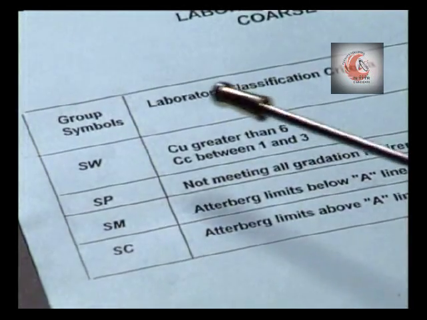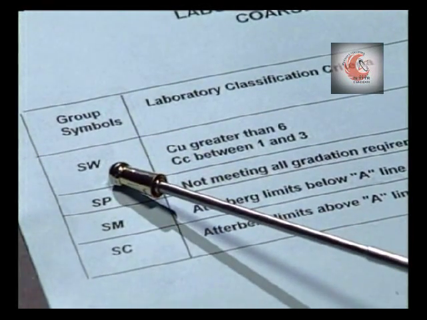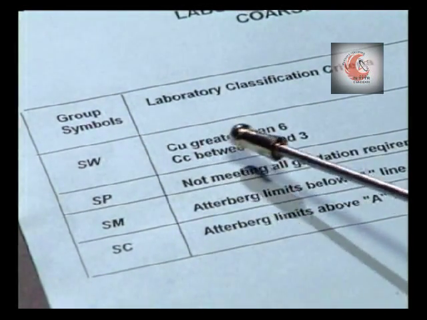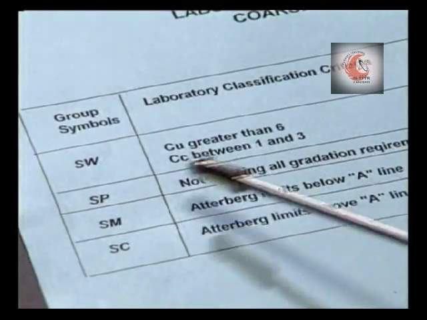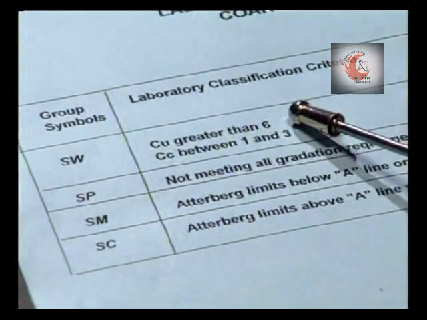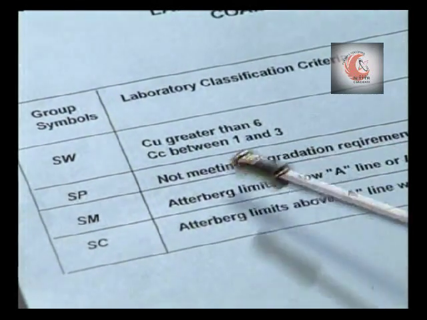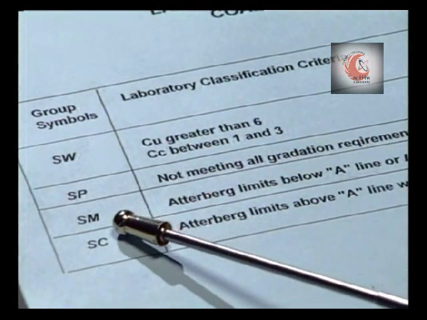Similarly, the classification of soil will be SW if Cu is greater than 6 and Cc between 1 and 3. It will be SP if it is not meeting this requirement, and the classification of soil will be SM if IP is less than 4, and it will be SC if IP is greater than 7.